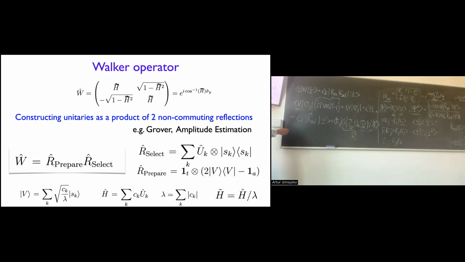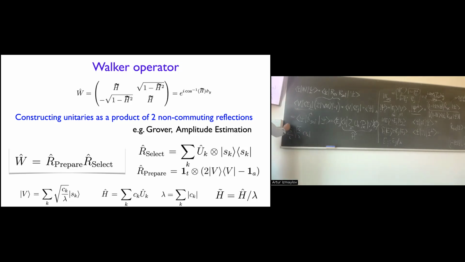It's quite simple, because these are vectors, a linear combination of vectors, right? So for the first V, we have a sum with, let's say, square root of ck over lambda, and then sk.